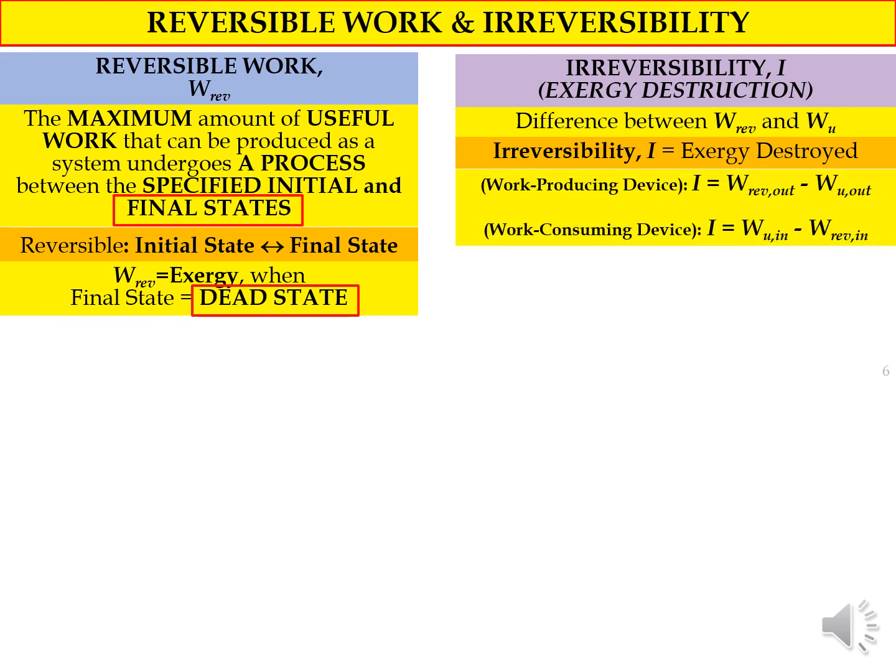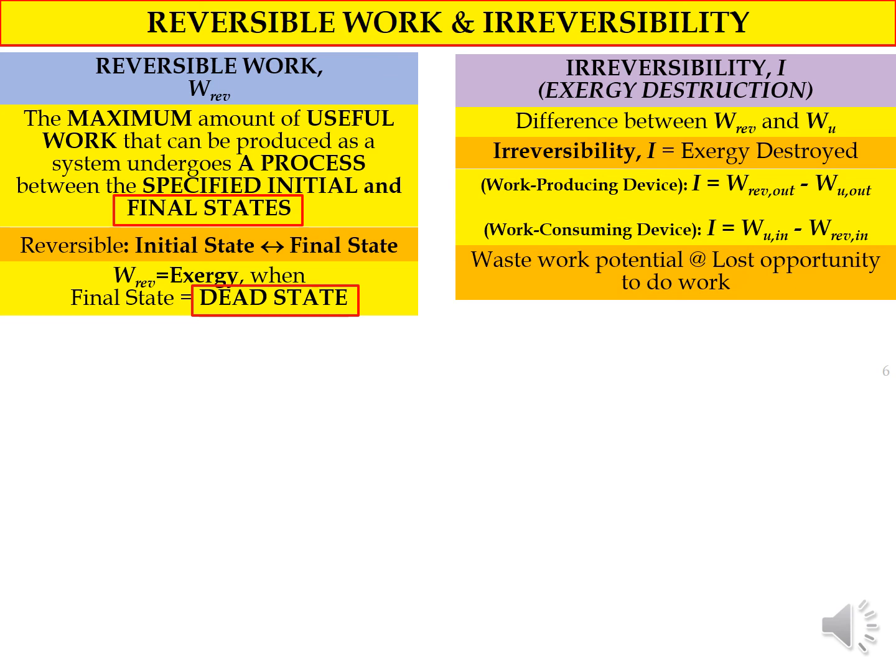For a work producing device, I is equal to reversible work out minus useful work out. For a work consuming device, the irreversibility is equal to useful work in minus reversible work in. The meaning of irreversibility is the wasted work potential, or lost opportunity to do work.